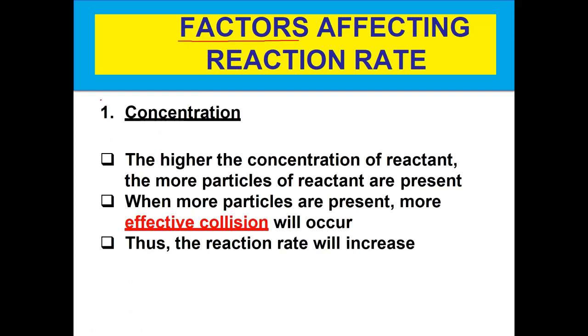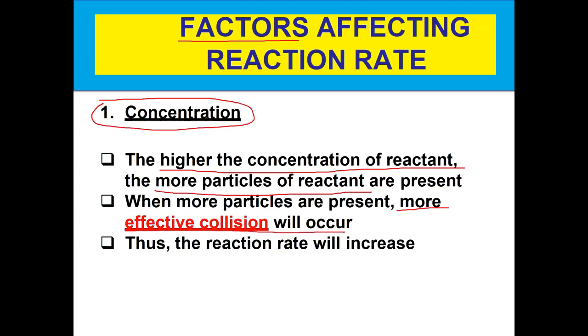The first factor is concentration. Now we look at how the concentration will affect the reaction rate. Basically, when we have a higher concentration of reactant, that means more particles of reactant are present. When we have more particles of reactants, more effective collisions will occur.